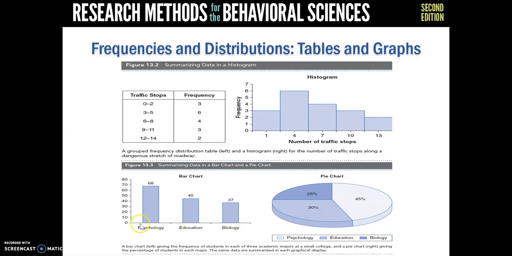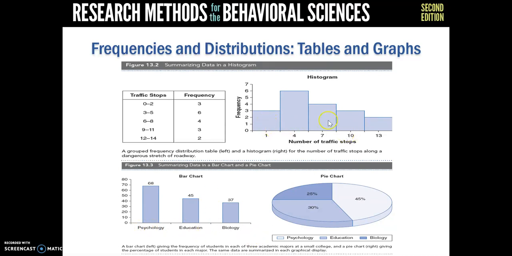Or let's say you do a survey on food: some people prefer chocolate, some prefer strawberry, some prefer vanilla. You could break them down into these categories.